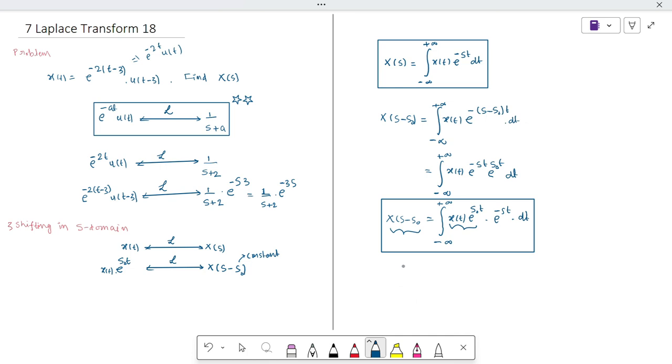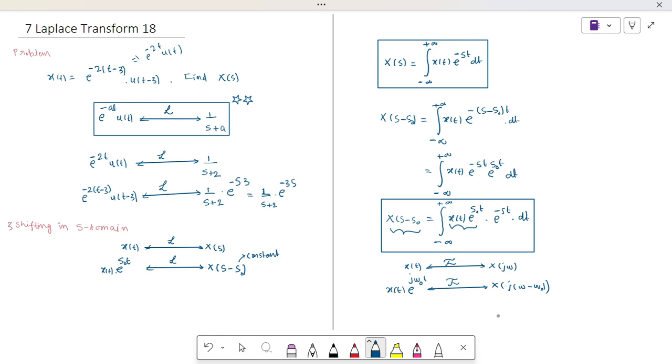In the continuous time Fourier transform, it is also the same. x of t has continuous time Fourier transform x of j omega. So frequency shifting gives x of j into (omega minus omega naught), and the time signal is x of t into e power j omega naught t.